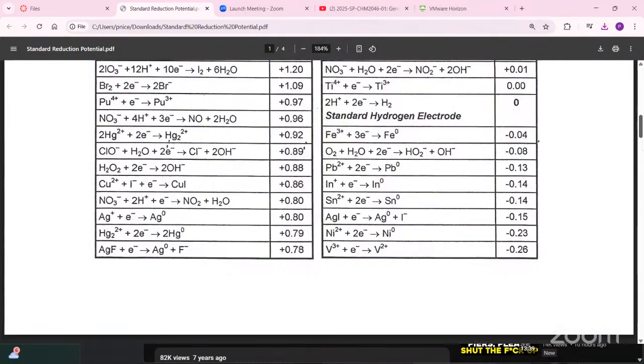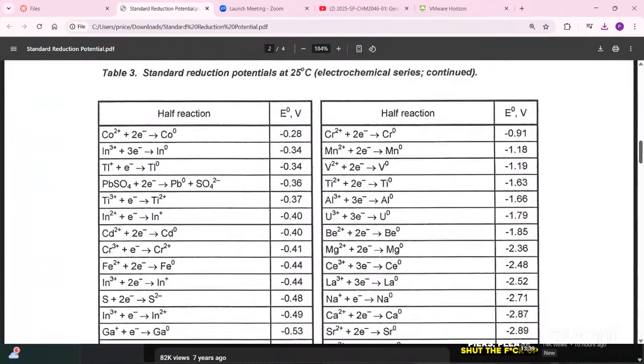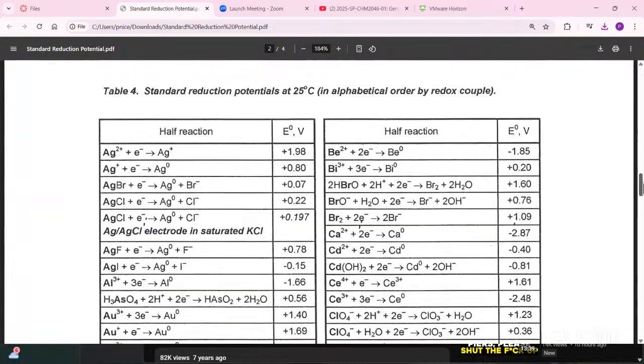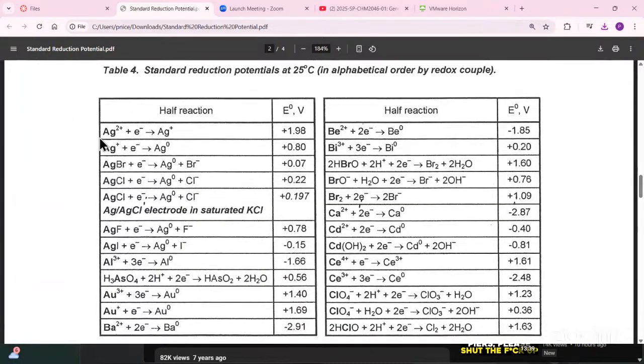That's part of it. The other part, I think they have it in alphabetical order of the substances' formulas on the left side of the half equation. So those are two ways they're arranged. This is the table that you'll have access to when it comes to solving problems, such as the ones that we're going to see shortly.